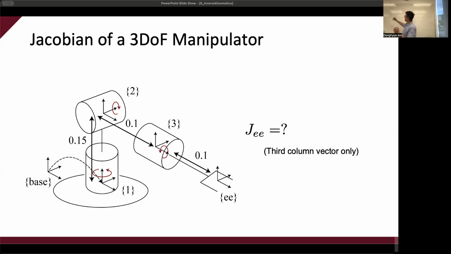Of course, this vector is a function of theta. So it's not trivial to find, because once we calculate this adjoint map, we need to use T_E3, and this is a function of theta 3, right? So we need to put in the rotation matrix, and probably the T can also be a function of theta 3.